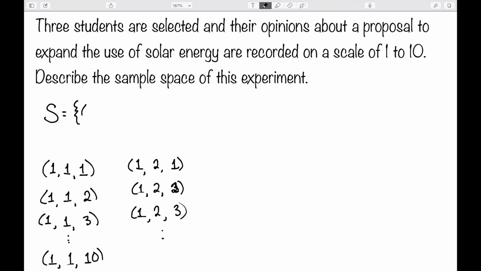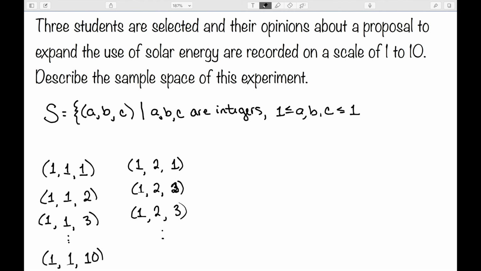And eventually what we get is all of the ordered triples ABC such that A, B, and C are integers, and they need to be between 1 and 10. So we end up with all of these ordered triples where all 3 of the entries have to be an integer between 1 and 10.